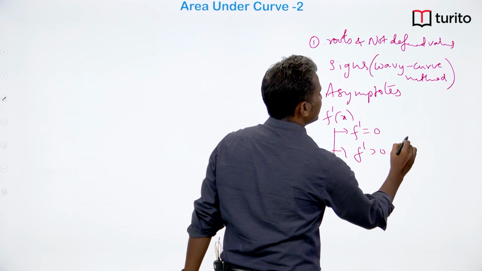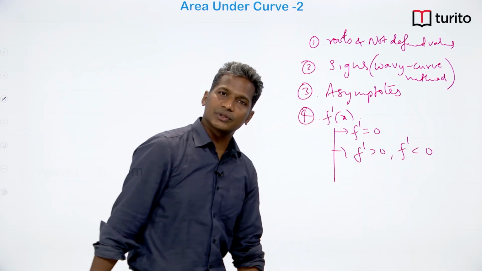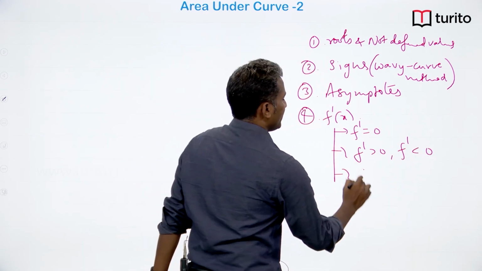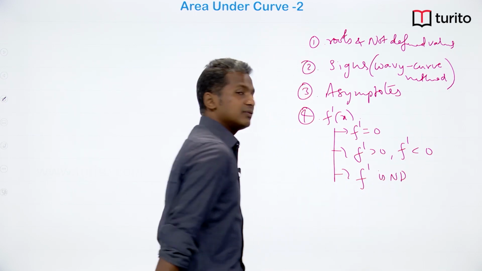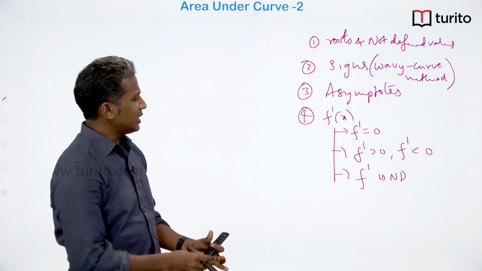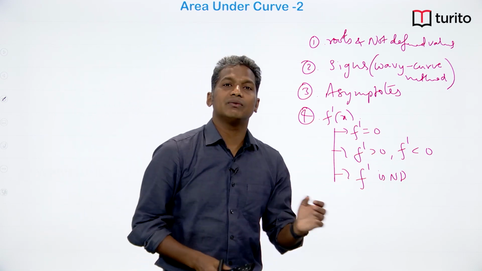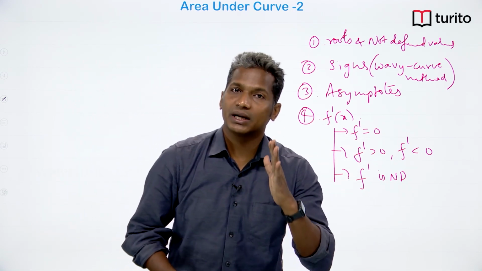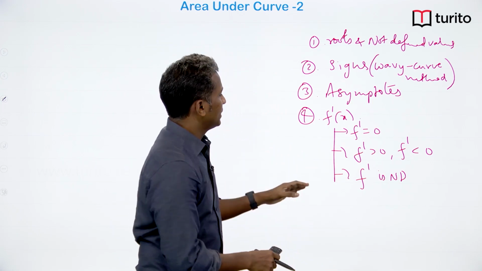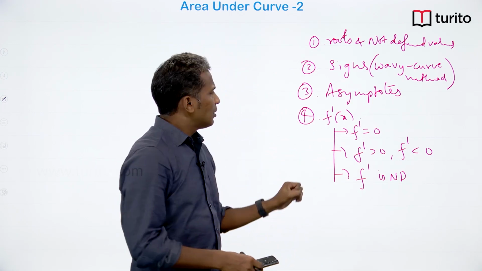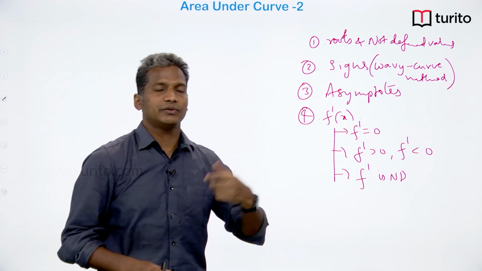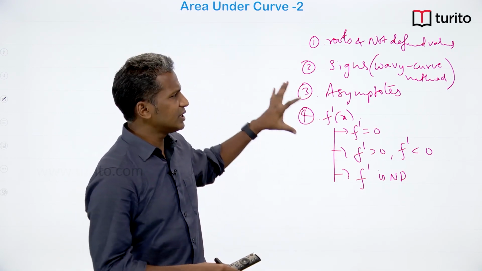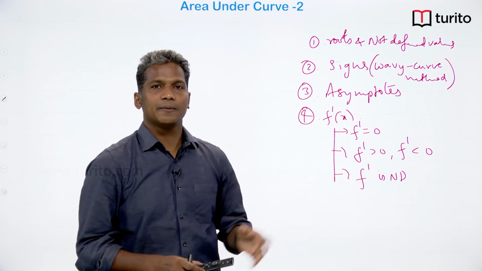If it is negative for some intervals, also note them. If f dash is not defined, we must note these too, because whenever f dash is not defined, we will get vertical tangents or vertical asymptotes. By observing all of these, we will be drawing the graph of the function.